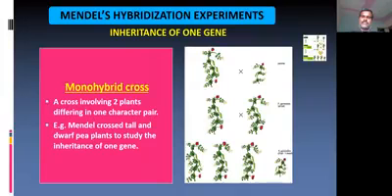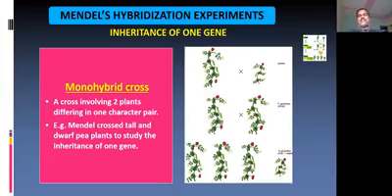When he crossed between those, the first generation, we call it the F1 generation. In the first generation, the result was that all the plants appeared tall. Remember, when he crossed, in the first generation all the plants are tall.